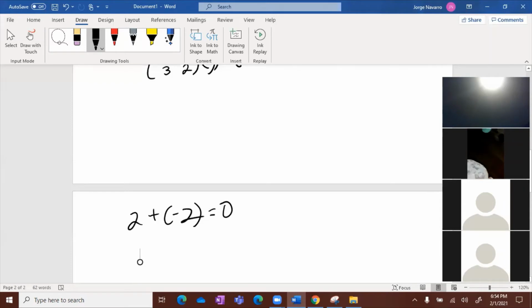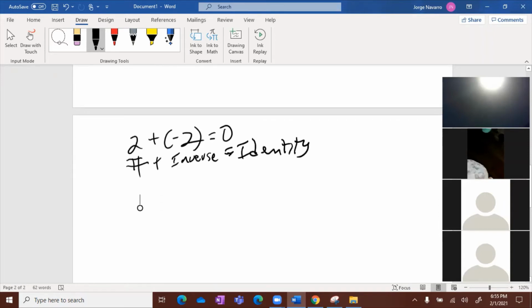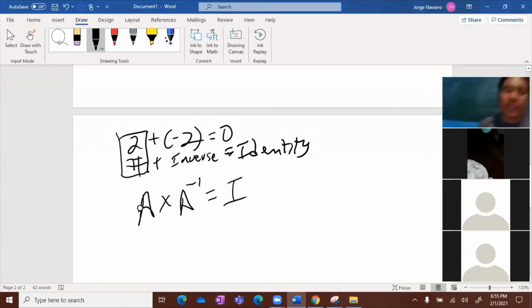Because we said the number plus its inverse gives us the identity. Remember that? Yes, sir. Well, now, instead of being a single number, we're using a matrix. And we say that a matrix times its inverse gives us the identity. And that's the property that we need for this section. Okay?